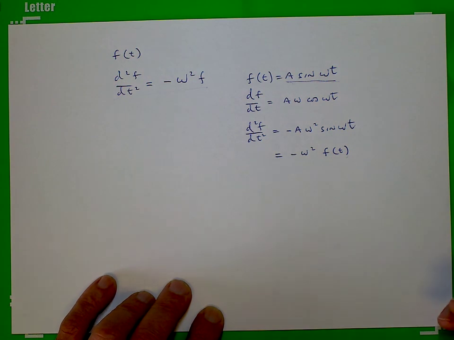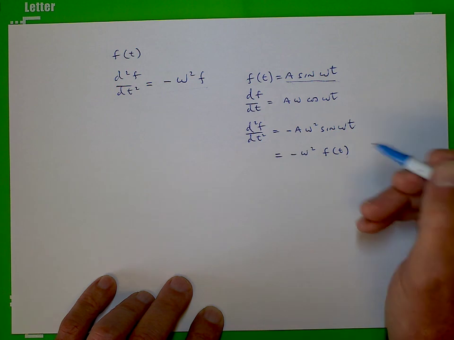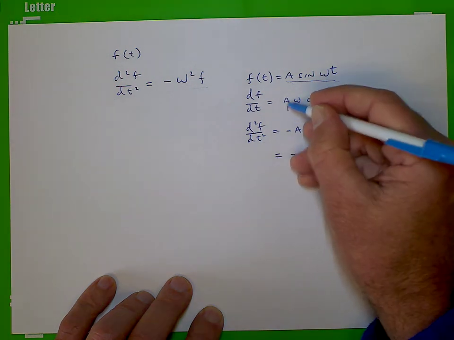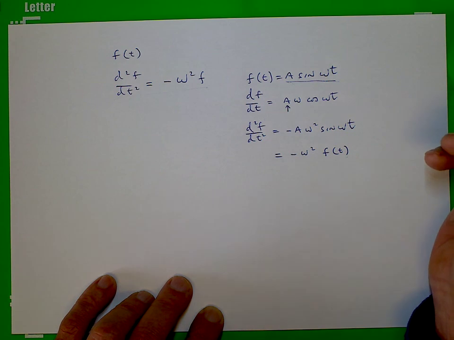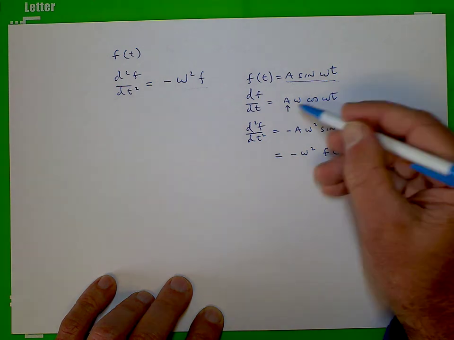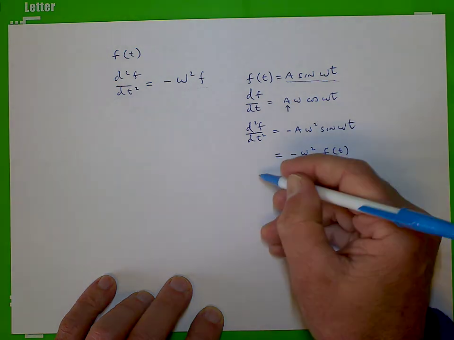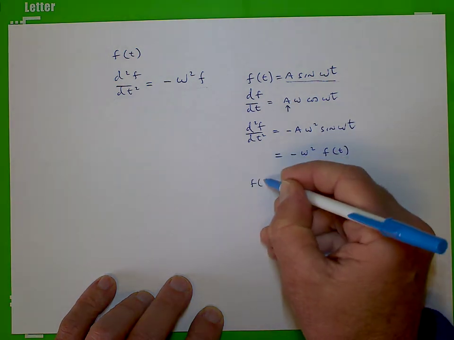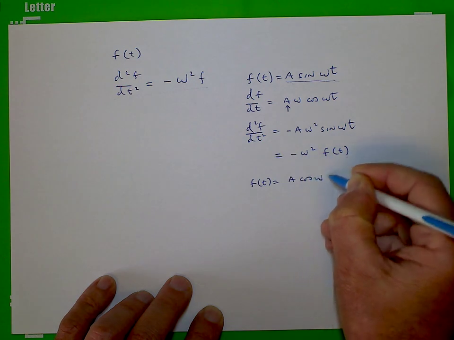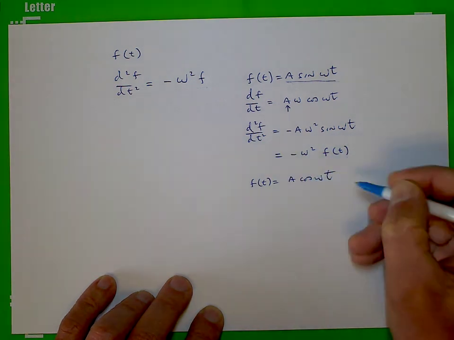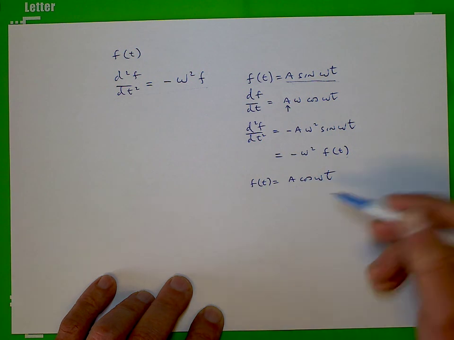It turns out it's not the only one, not by a long shot, and you'll notice that it's a solution no matter what the value of a is. So just like in other equations, sometimes there are a lot of values which will work. Equally well we could have started off with f of t equals a cos omega t, and you can verify that if you differentiate that twice, you'll also get a solution.